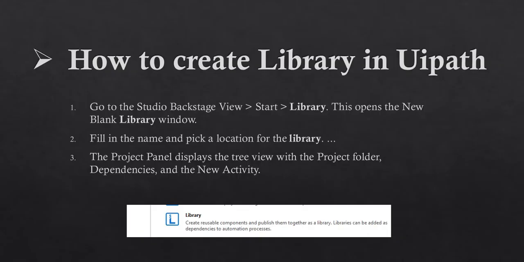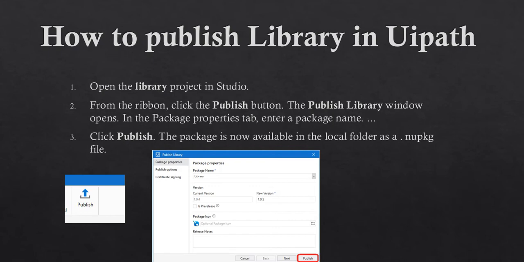So how to create a library in UiPath, we saw practically how we did that, and now how to publish a library in UiPath. We'll be matching what we did, whether it matches or not. We'll be revising how we did it.